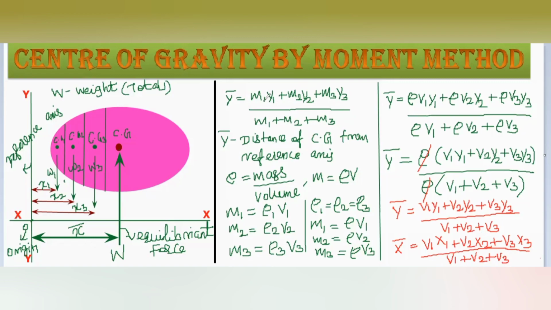Then when you neglect the density, where rho is the density, and the density of all the masses is the same, all the areas are the same, then we neglect the density and consider only the volume. This will be used in terms of solids.